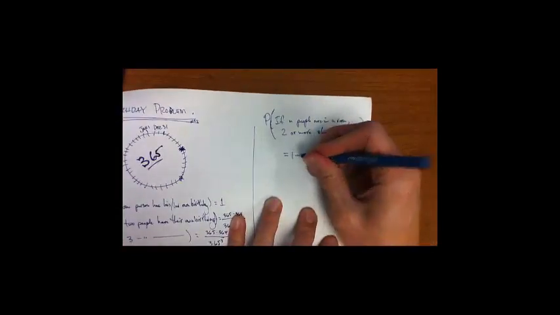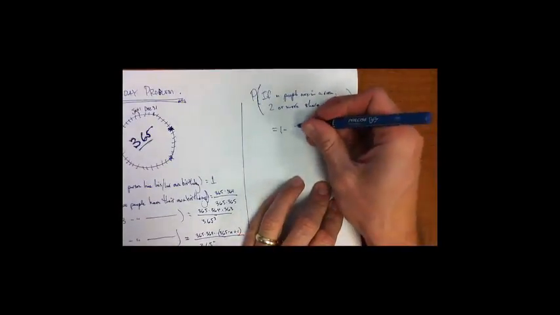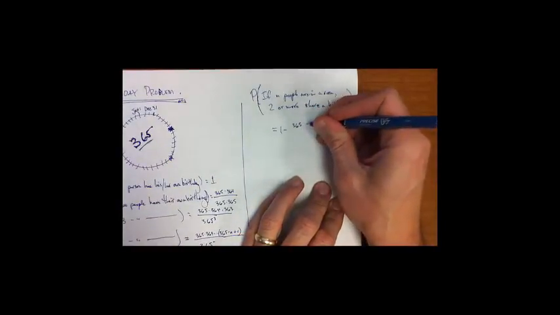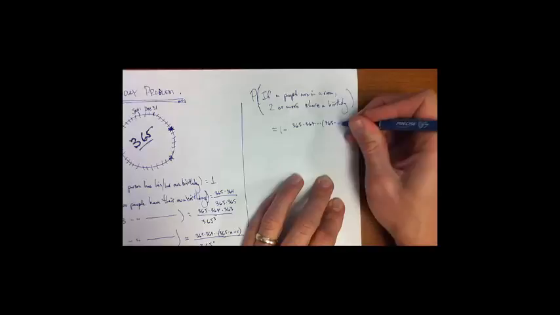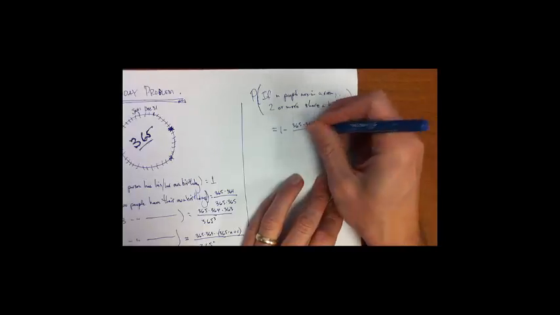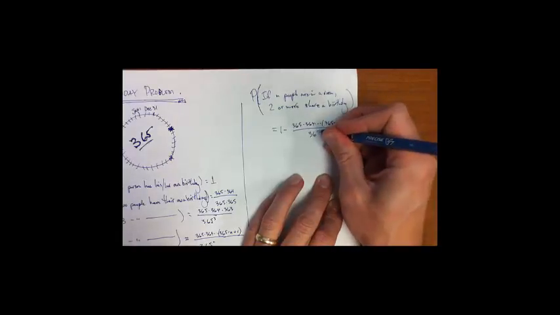Okay, this can be written as 1 minus the probability that they're all distinct, right? So it's 1 minus 365 times 364 times ... times 365 minus n plus 1 all over 365 to the nth.